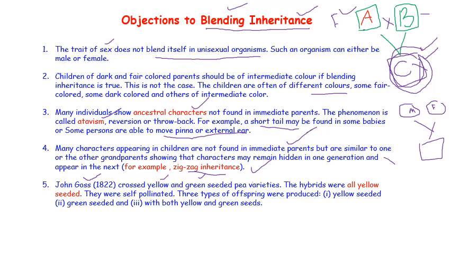But he observed that the F1 hybrids were all yellow seeded, so they were not intermediate. And when they were self-pollinated, they produced yellow seeds, green seeds, and some plants with both yellow and green seeds. So this is another objection to blending inheritance.